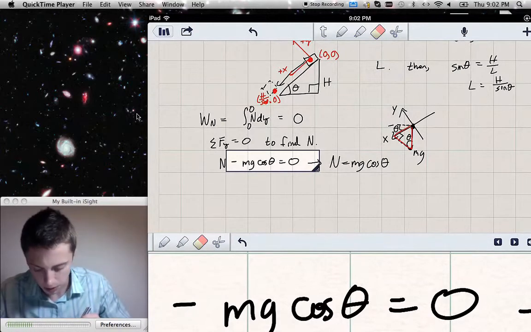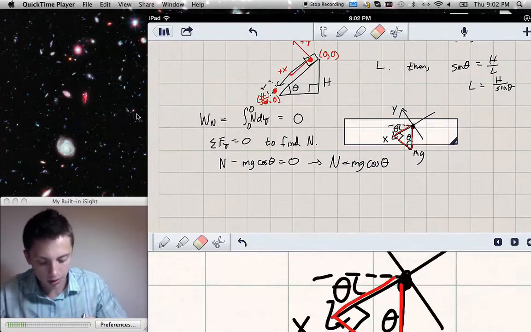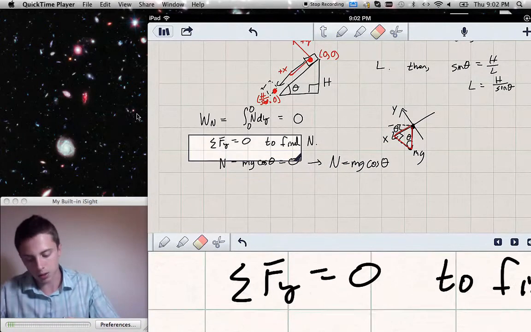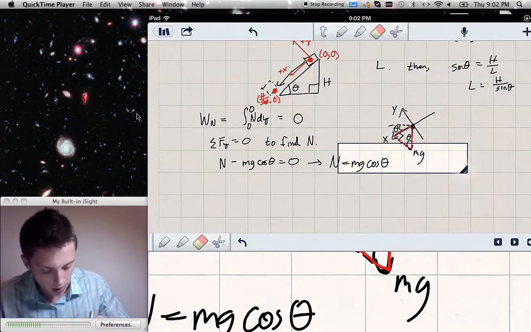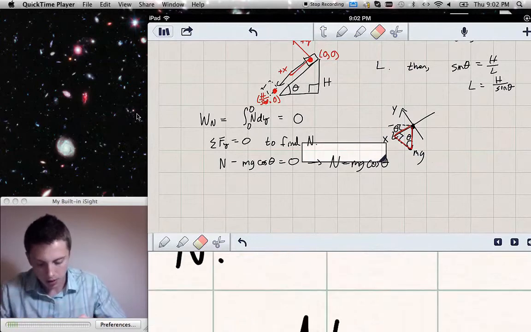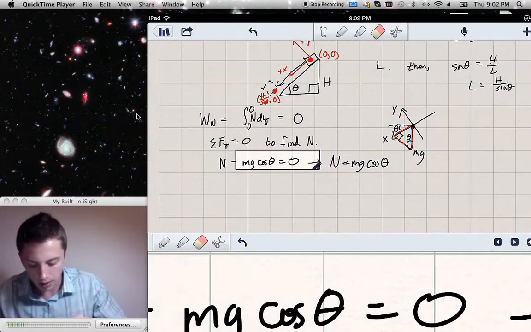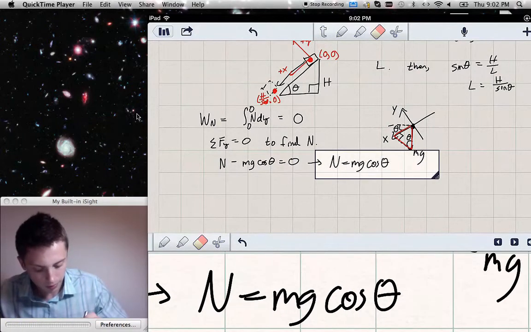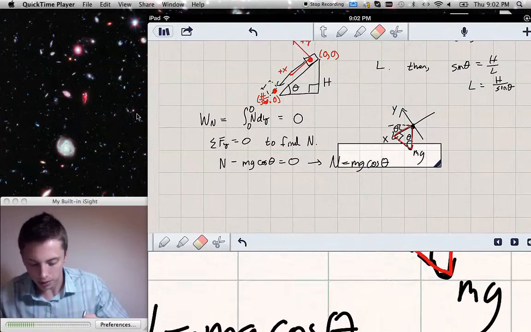For the y component, yeah, mg sine theta would be the x component, but we're using the y component here since we're summing the forces in the y direction. And the y component is this line down here, which is parallel to the y-axis, which is mg cosine theta, negative because this vector points in the negative y direction. Or it points in the quadrant where the y values are negative. All right.